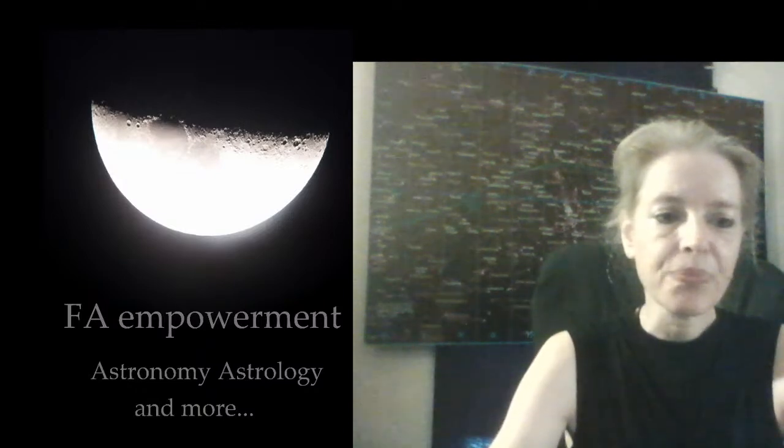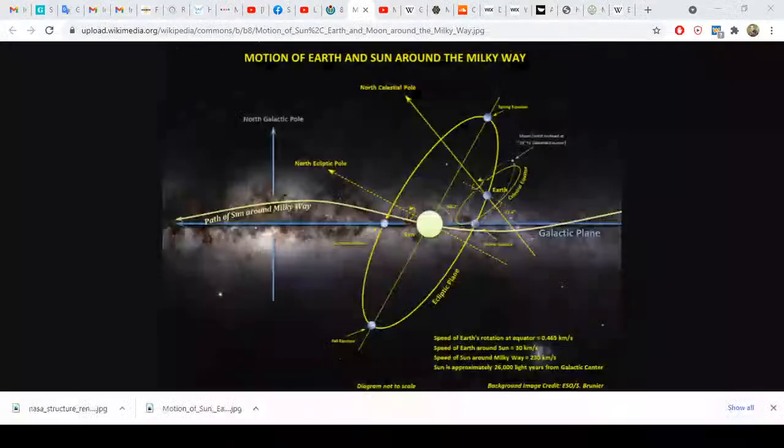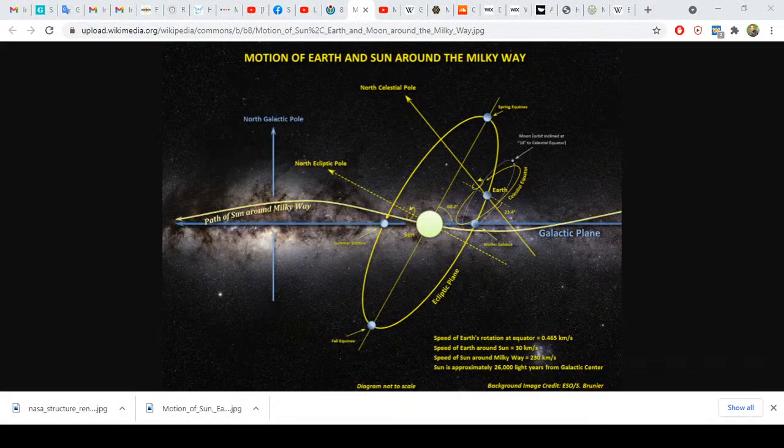So go to this one. As you can see in this chart, this one here in blue is the galactic plane, the galactic center, and here the sun and we, and the moon.